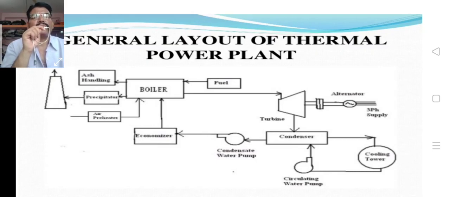Through the economizer the hot water is supplied, as well as through the air preheater the hot air is supplied to the boiler so that the efficiency can be increased.